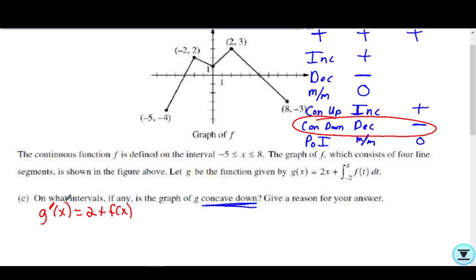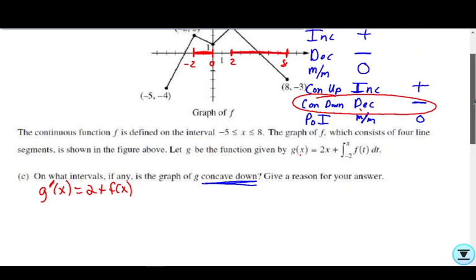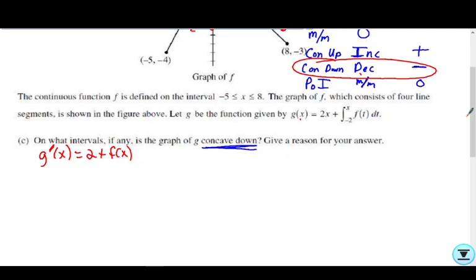So wherever f is decreasing, that means g of x is concave down. So where is this function decreasing? It's decreasing on the interval from negative 2 to 0, right here, and from 2 to 8. That's where it's decreasing. And that's what you're going to write.